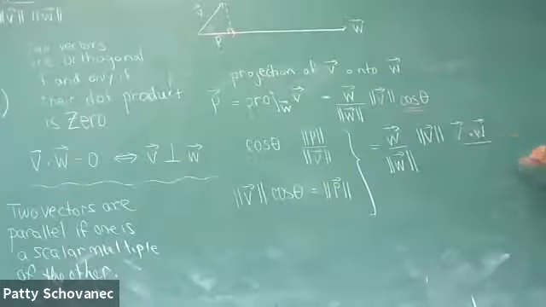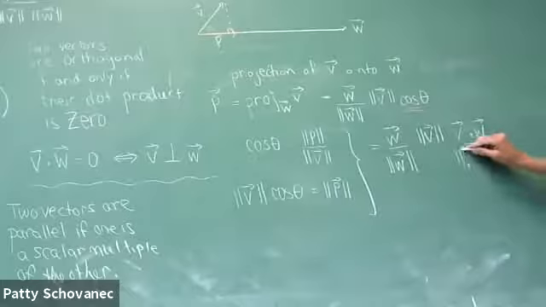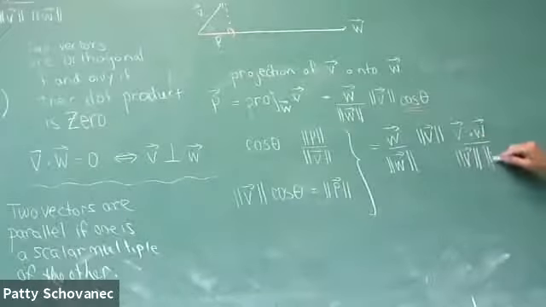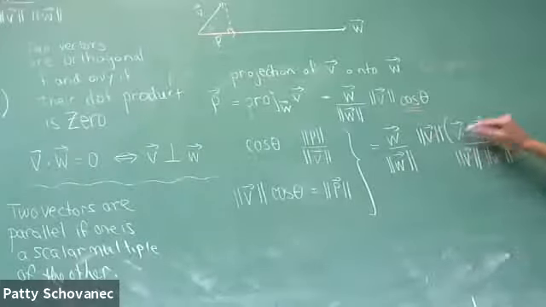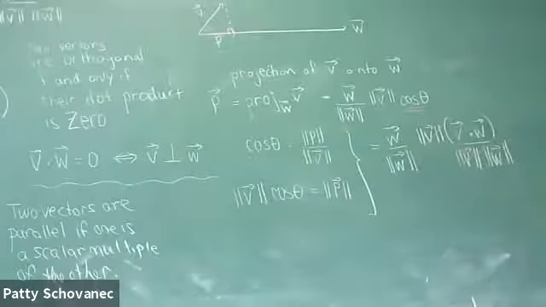That's what I want. I want the W. Divided by the magnitude of V, magnitude of W. Now the magnitude of V will cancel because there's one down here and there's one up there. This is a scalar, and that's the magnitude of the vector.